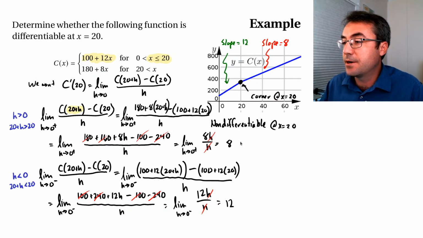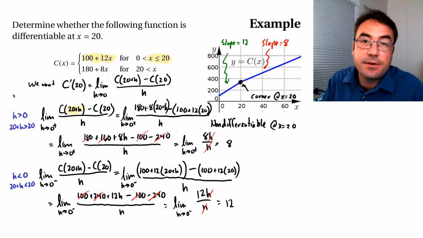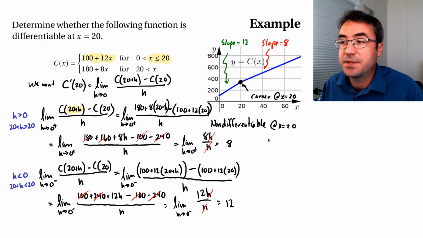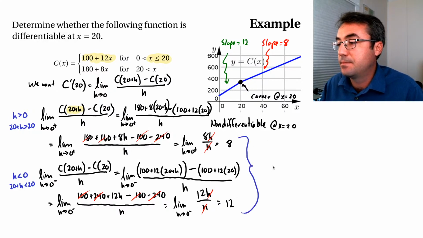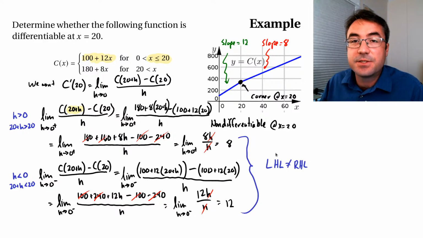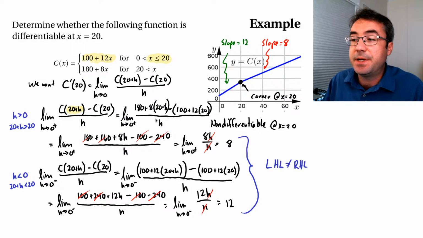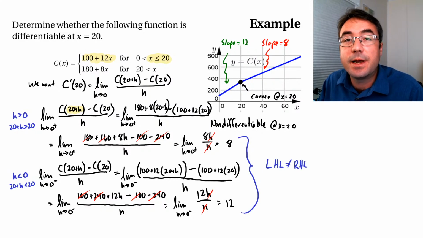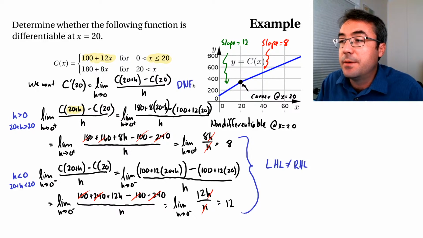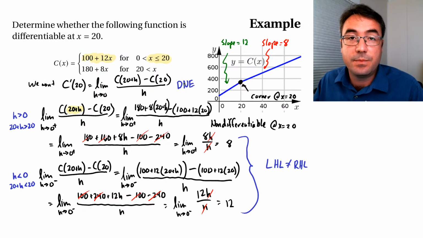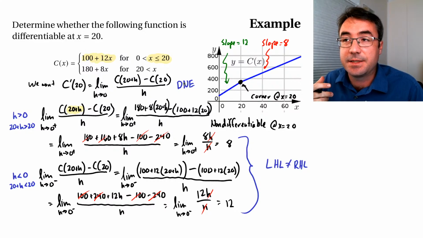So what we're seeing here is that the left-hand limit and the right-hand limit are not the same. And that's why we're getting this non-differentiability at x equals 20, because since the left-hand limit and the right-hand limit are not the same, the overall limit, which is how we've defined the derivative at 20, that overall limit does not exist.